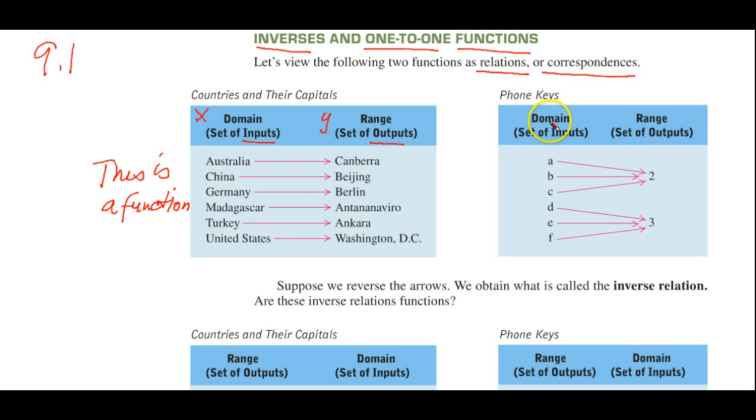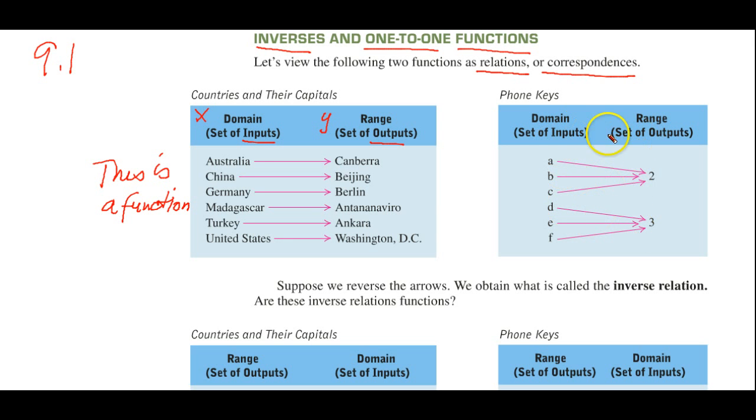Now, as we look at phone keys, the set of inputs are A, B, C through F. And notice there's just one arrow coming out of each one of these.